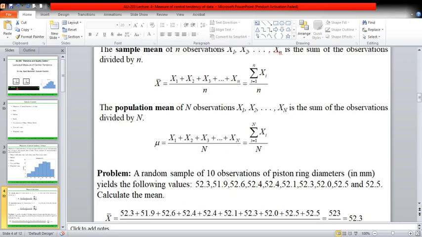Okay, the mode is the most frequently occurring value in your data set. For example, if this is your data set, you see 52.3 coming one time, a second time, and there are three observations in this data set which occur frequently. So 52.3 would be called the mode of this data set.